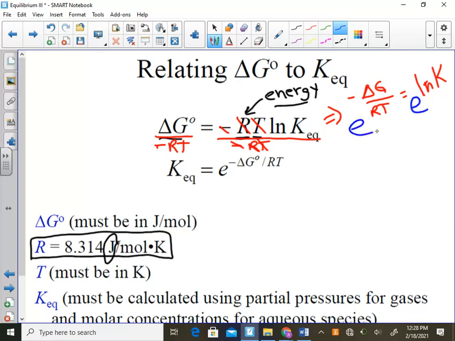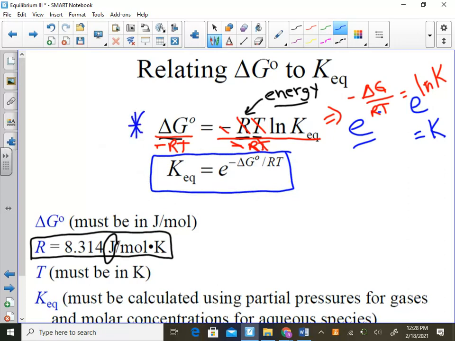And so if we raise both sides of this equation, and those become the exponent to e, then this side becomes K, and this side becomes e to the negative delta G over RT, and that is how we get this equation here. These two equations, this one is on your equation sheet, and you can use that for information.